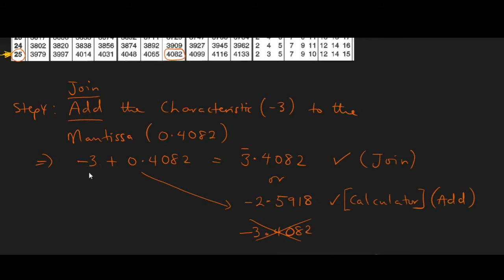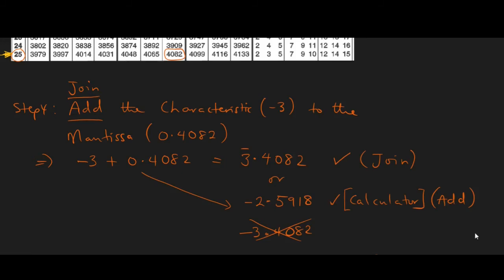And this is simply an addition of the characteristic minus 3 and the Mantissa 0.4082. But in this example, we are not going to add them together. We want to keep the Mantissa separate and the characteristic separate so that just by visually looking at the number, you can see that the characteristic is minus 3. So we just place a bar above the 3 and then join the Mantissa part 0.4082.